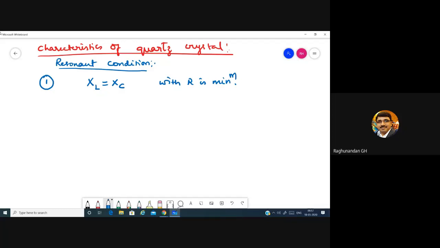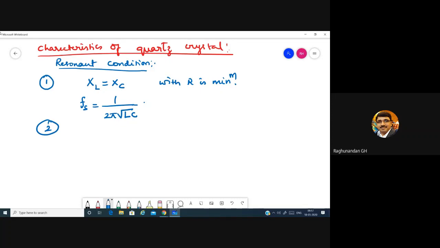Under this condition, we get the frequency of oscillation as Fs equal to 1 divided by 2 pi root LC. The formula is the same again. Under series resonance, XL will be equal to XC, considering R is minimum.